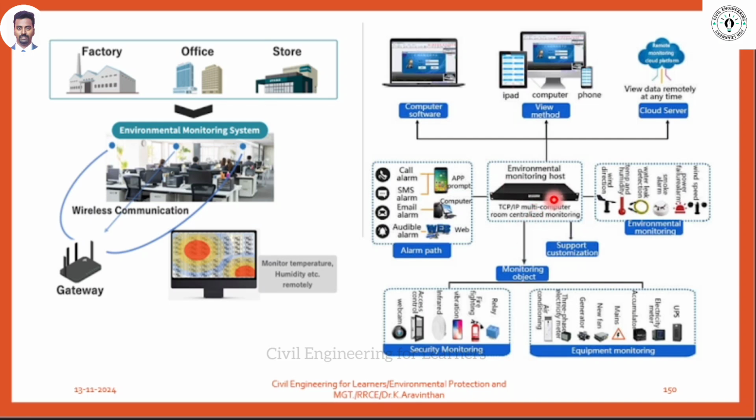How many items are connected? Alarm paths. If something goes wrong, everyone has to get SMS or calls. So that is why this router has to be connected with call alarms, SMS, email and audible alarm. An organization should have this many alarm paths. For example, National Disaster Management: 15 or 20 days before, there will be heavy rainfall, take care of yourself.